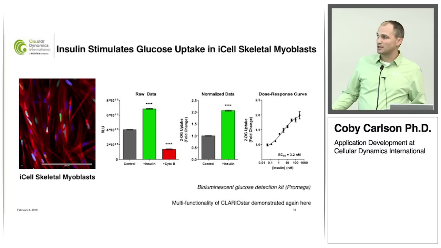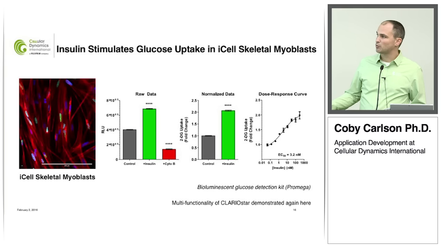So on the left, you're seeing an ICC stained image of the cells at day 3 in culture after they've gone from myoblast to myotubes. And this is now data from another bioluminescent assay, something we've worked on with Promega in Madison, Wisconsin for a little while now, and it has turned out to be a really nice, reliable assay.